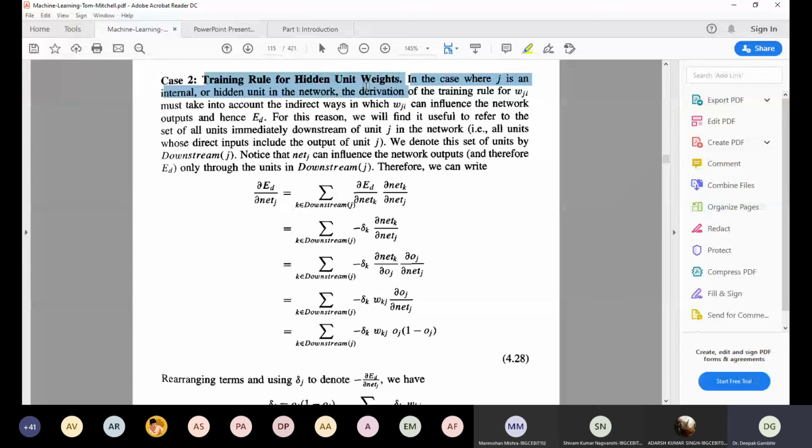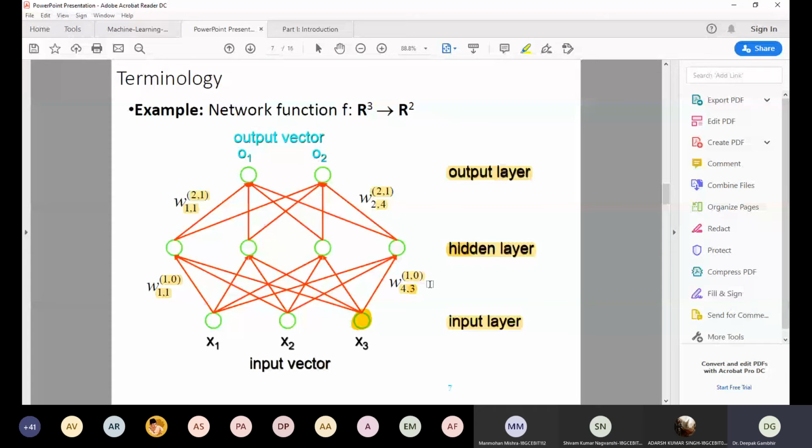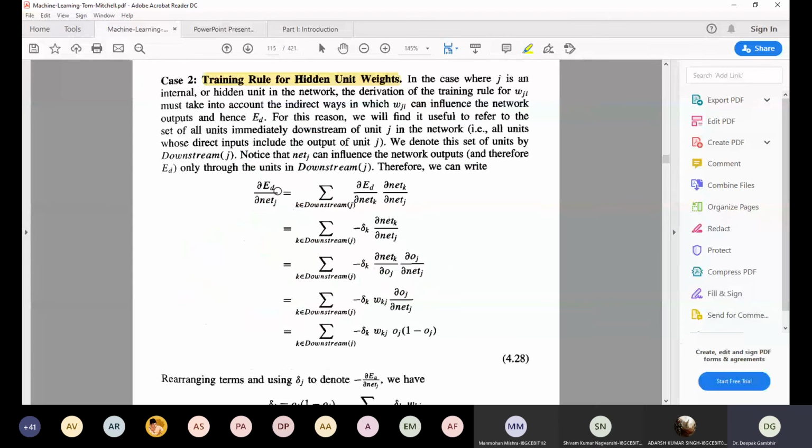hidden units. Training the hidden units means we are going to train the weights between the input layer and the hidden layer, that is W11, W43, W21, and so on. So when we need to train these weights, we need to compute the error with respect to the weight of that function.